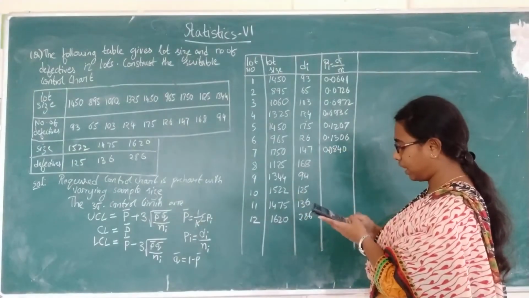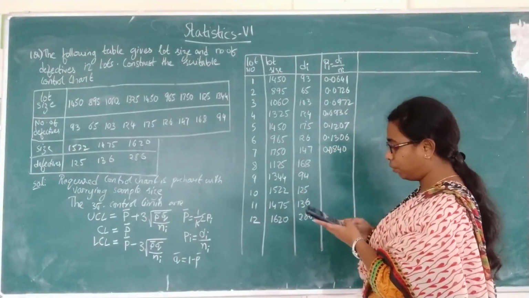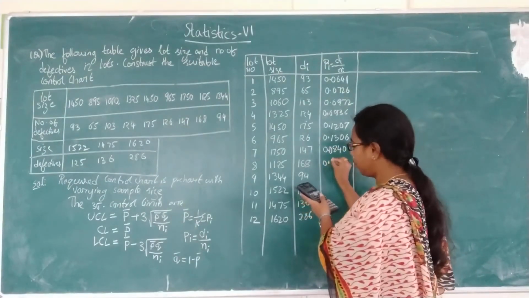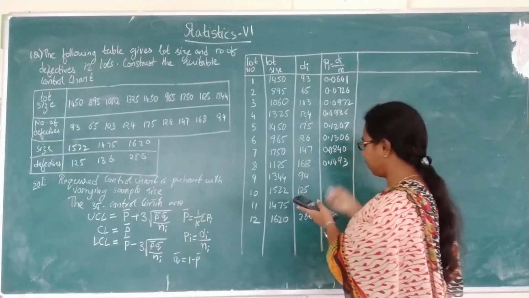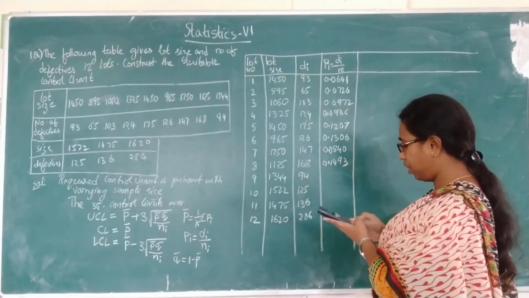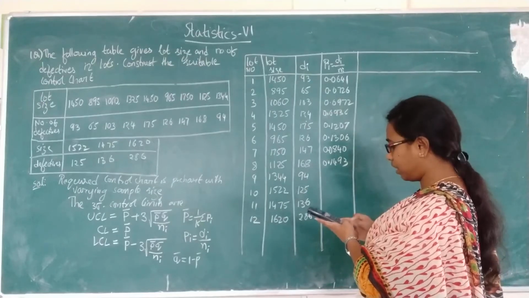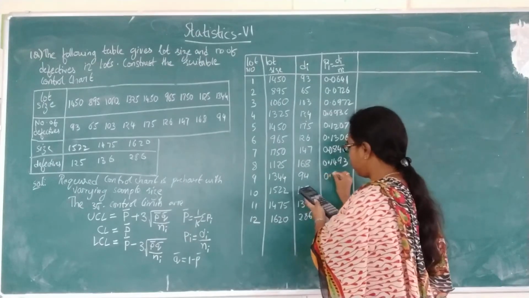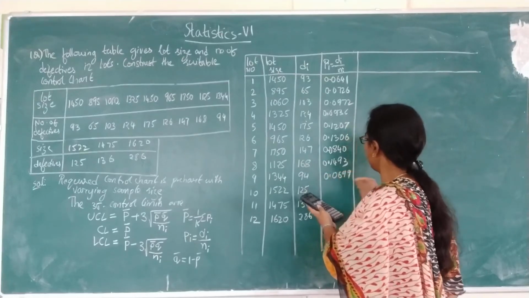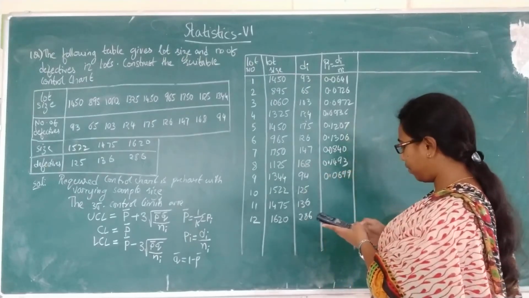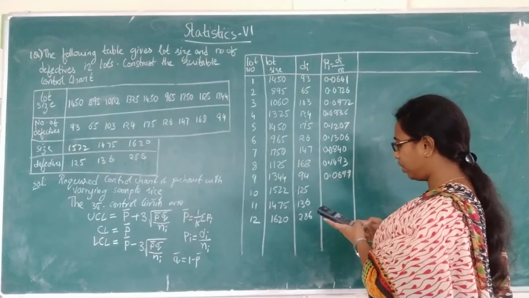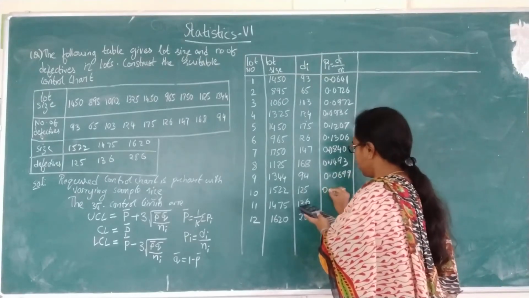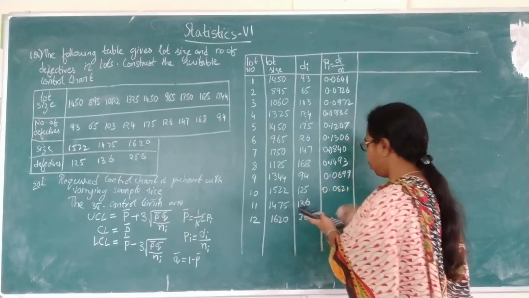Next is 168 divided by 1125. 0.1493. Next, 94 divided by 1344. 0.0699. 125 divided by 1522. 0.0821.